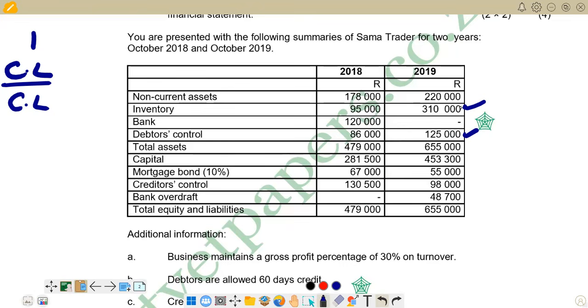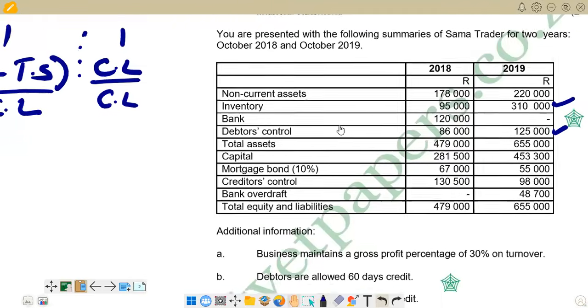On current assets, we've got 310 plus 125, and then we are going to subtract the figure for inventory, which is 310. So we can come here and just present it as it is.